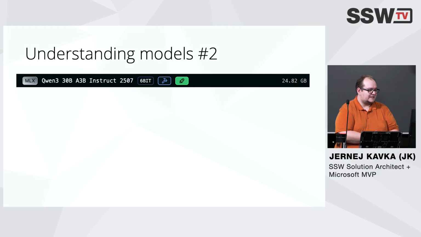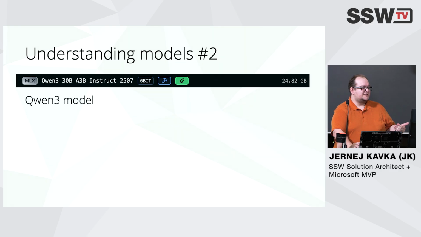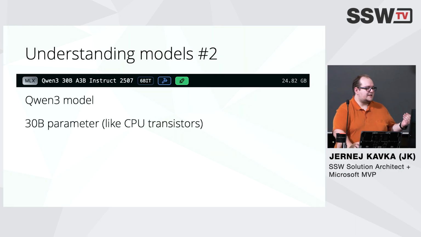So here we have even more icons and more stuff. So let me go through what that actually means. So this means that it's a Qwen3 model. Then we have 30 billion parameters. Now, when we're talking about 30 billions, 80 billions, 70 billions and stuff like that, what generally that means is that's how many parts we have inside the neural network.